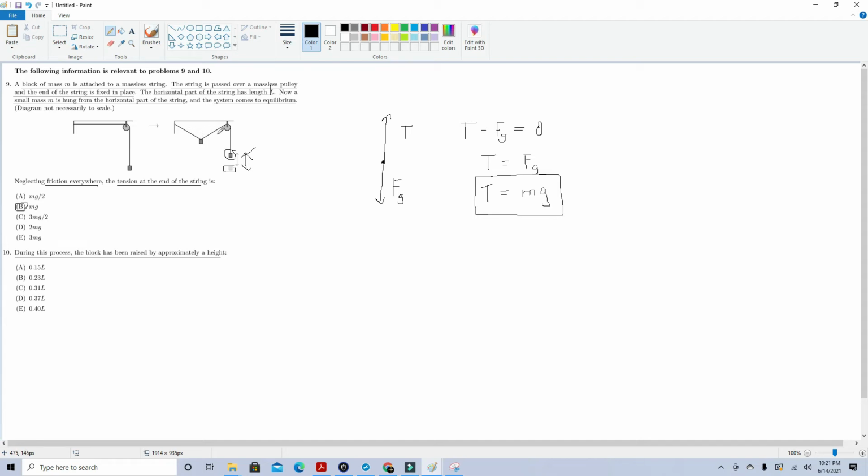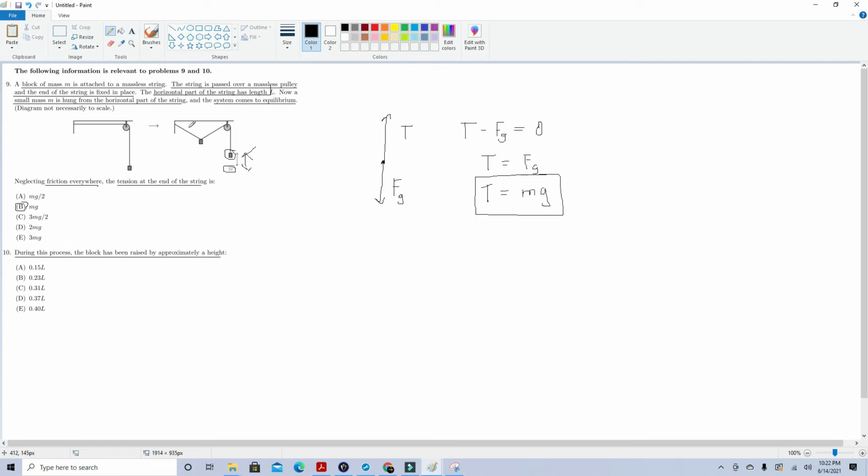Pretty much whatever addition of string here is equal to the subtraction of string here. So if you figure out how much string is added from this diagram to this diagram in the horizontal region of this mass pulley system, we can figure out how much string was taken away from the vertical part of the mass pulley system.